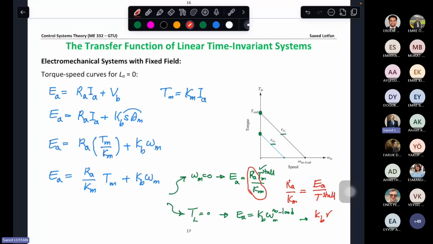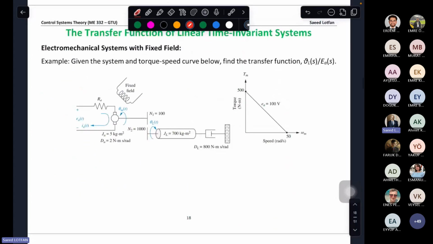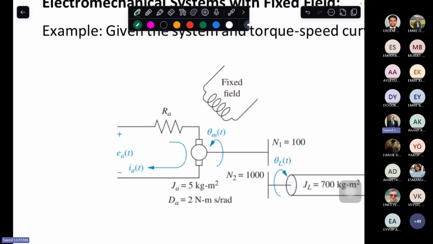Let me show an example now for the general fixed field case. Assume this is our example. It says that given the system and torque speed curve below, find the transfer function theta L to the EA. First of all, I will make it very simple.